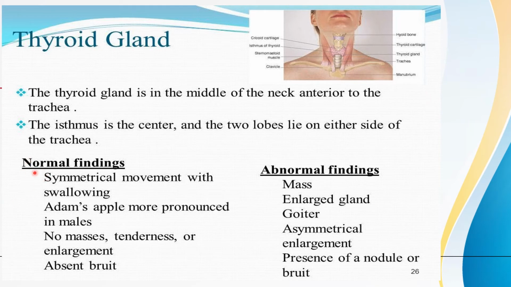Normal findings are as follows: symmetrical movement as we swallow. Adam's apple or the thyroid cartilage is more pronounced in males, and no masses, tenderness, or enlargement is present. And of course, as we auscultate, a bruit will not be heard. Abnormal findings are presence of mass, enlarged gland, presence of goiter, asymmetrical enlargement, and presence of nodule or a bruit upon auscultation.